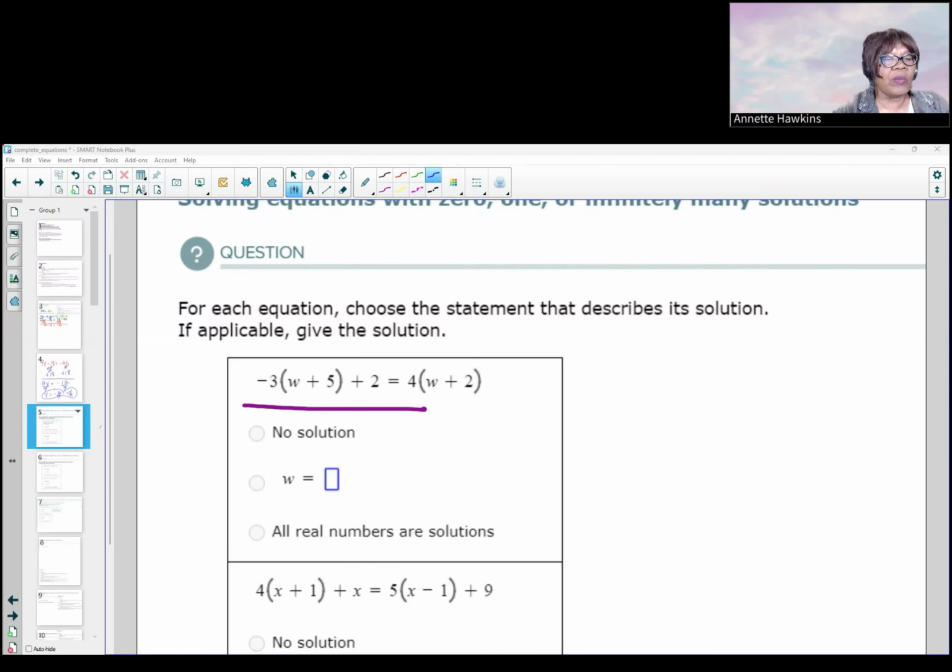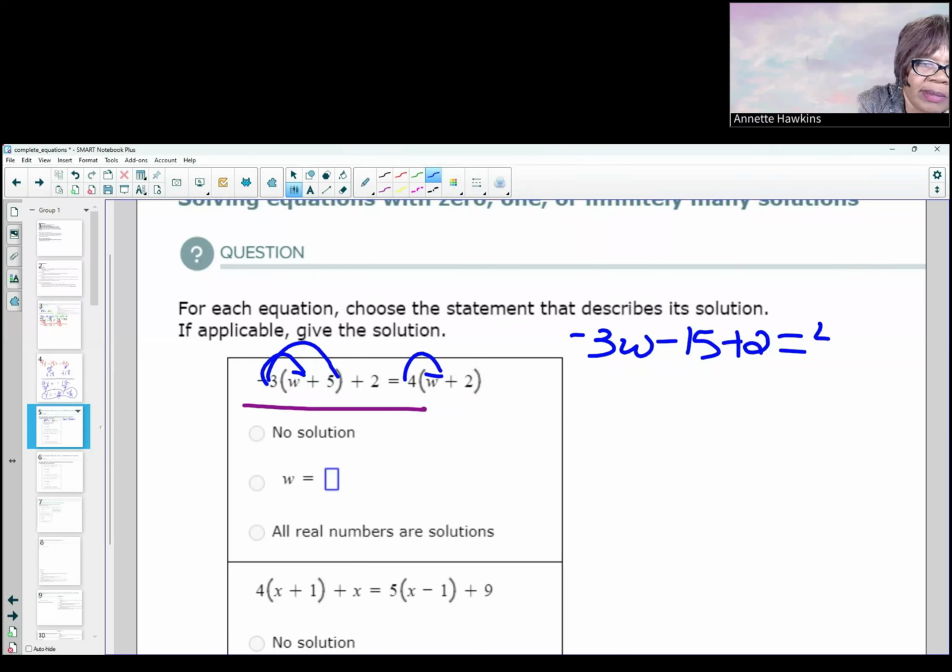All right. So we want to simplify, which means we do need to remove the parentheses. So this is -3 times W is -3W. -3 times 5 is -15 plus 2 equals 4 times W is 4W. 4 times 2 gives us 8.